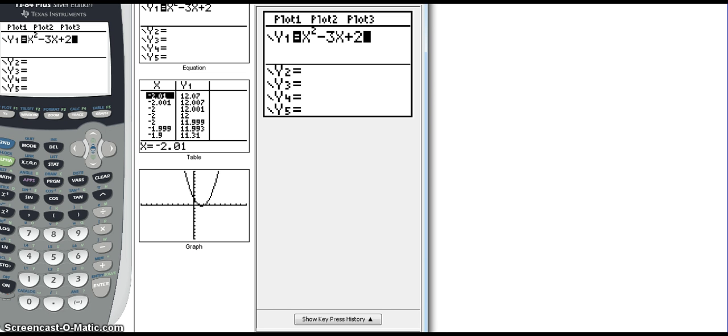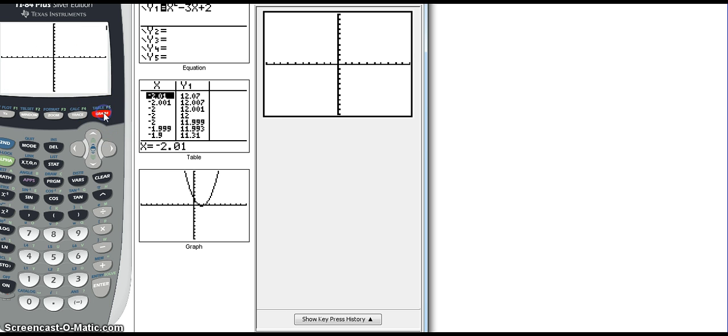But here, if I look at my calculator, I have the equation typed into my y1, and if I look at the graph then, you know, it might be hard to tell. We might want to zoom in.